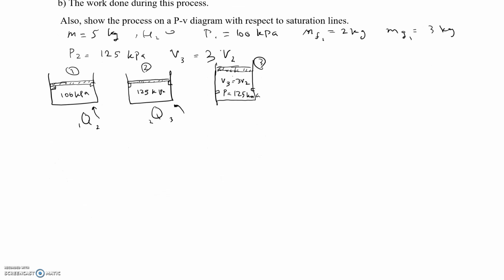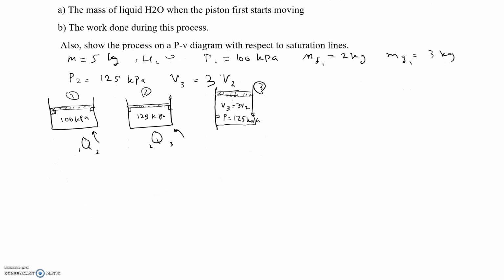Cool. All right, so what we want to find first is the mass of the liquid water when the piston first starts moving. Before doing that, we need to calculate the specific volume. So pressure 1, state 1, basically. P1 is 100 kilopascal. It's of course a saturated vapor liquid mixture.